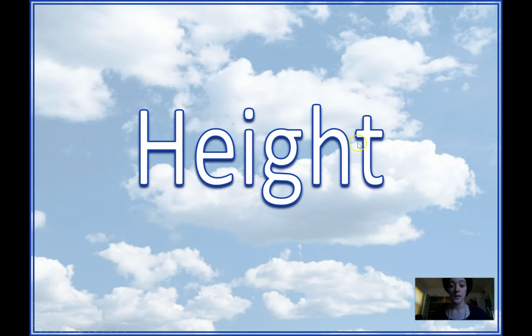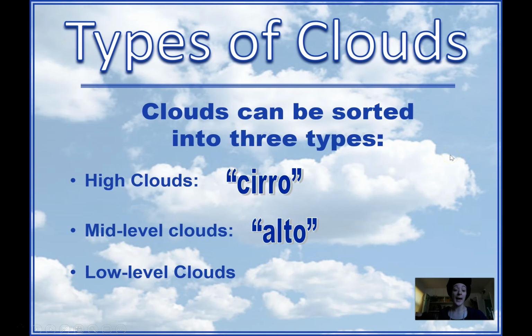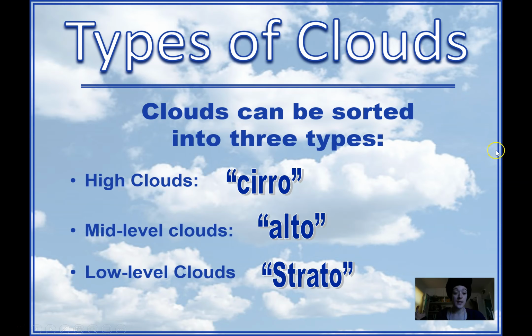Okay? Here we go. So first, let's talk about their height. These prefixes are going to tell you the height of a cloud. Really high clouds are going to have the prefix cirro or cirrus. Really low clouds are going to have the prefix strato.